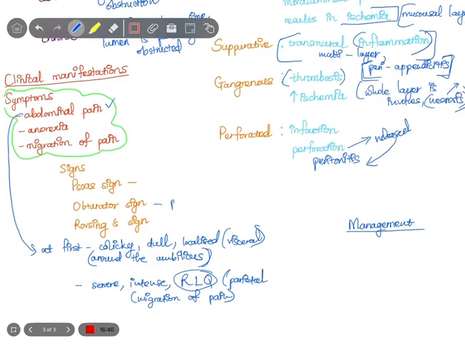So this is the pain on passive internal rotation of the hip when the right knee is flexed.